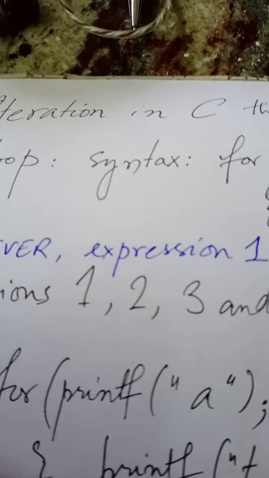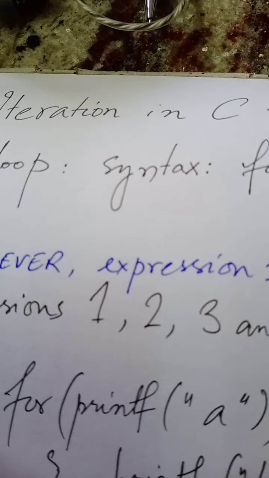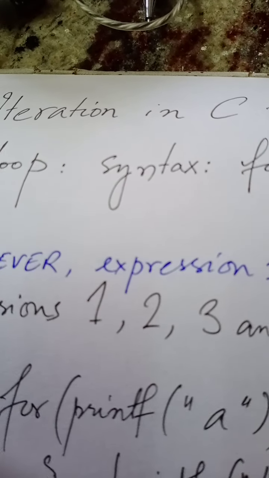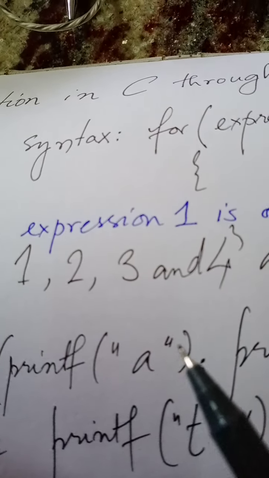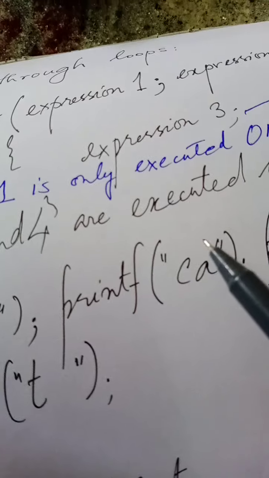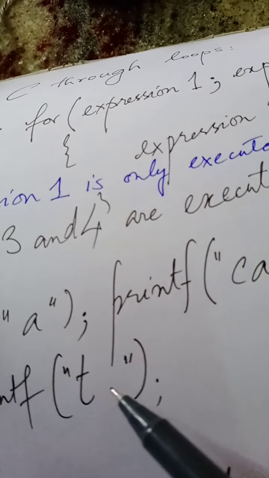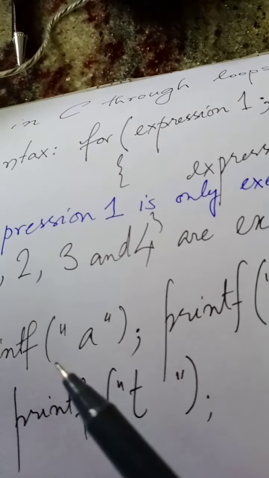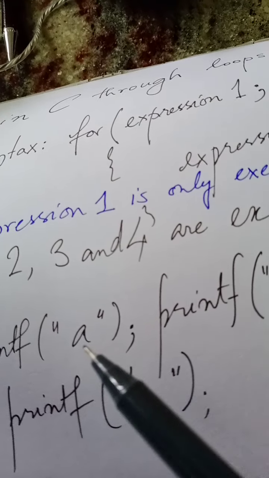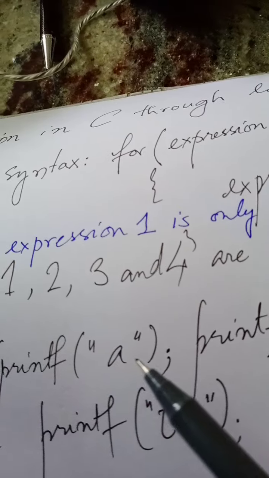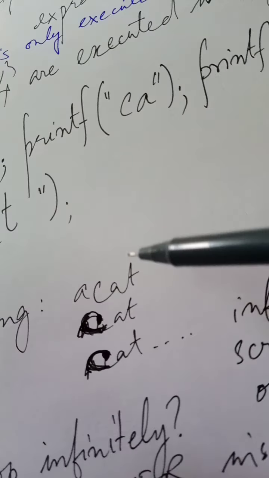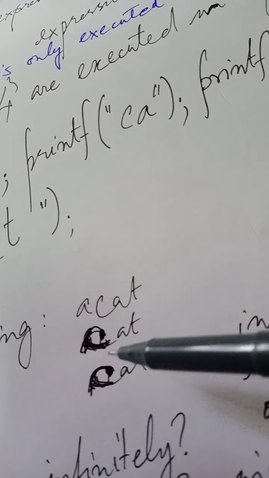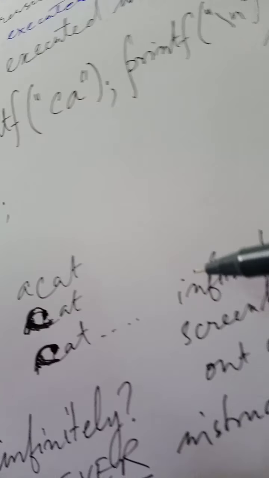Okay. So this one will be executed, then this one, then this one, and then the new line, and this will go on because printf A will not be executed again. So it will look like this: a cat, new line, cat, and so on and so forth.